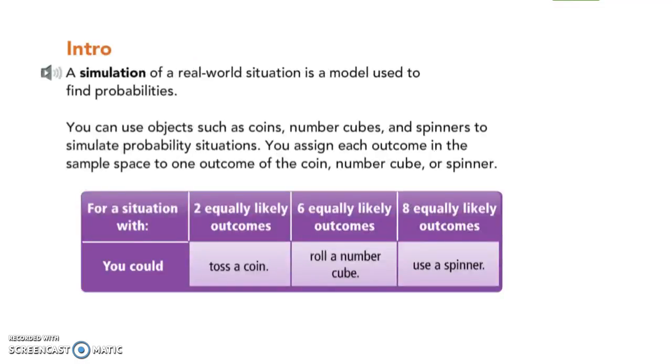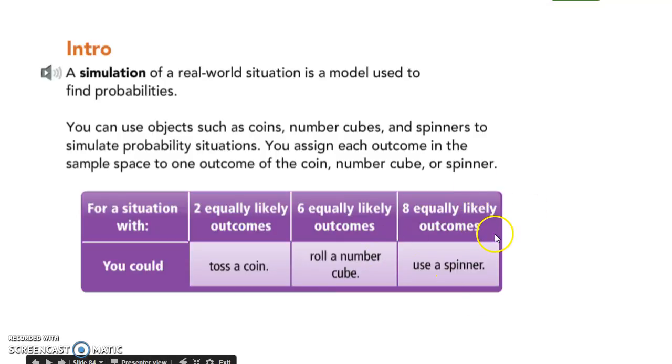A simulation is something that would give you a particular number of outcomes that you would expect. It's used to find probability. So if I wanted a simulation that would give me 2 equally likely outcomes, I could simulate tossing a coin because I know that gives me heads and tails. If I wanted a simulation of 6 equally likely outcomes, I could roll a number cube because I know there's 6 equally likely sides on it.